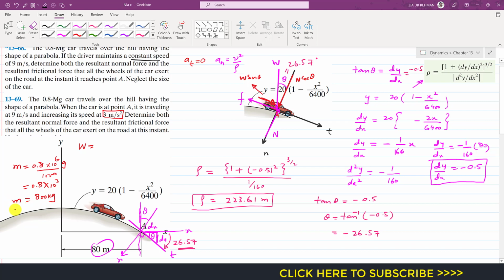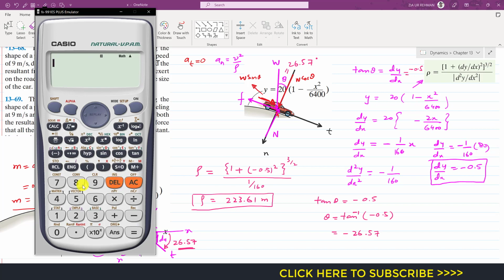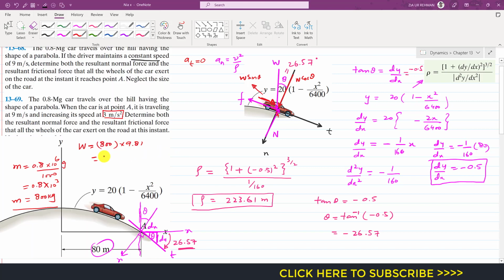So the mass is 800 kgs. So the weight is 800 into 9.81. So 7848 Newton is the weight of the car.